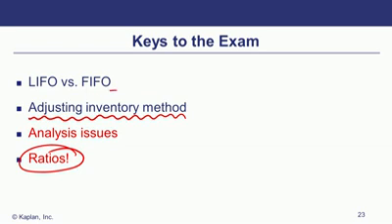Could we be asked to calculate ending inventory under LIFO and FIFO? Yes, I think potentially we could. It's certainly possible. Probably, I would imagine, periodic more likely to be tested than perpetual. But certainly the LIFO to FIFO adjustment, that's the area that I would like you to really concentrate on, and take away how to use that LIFO reserve and also the LIFO liquidation.